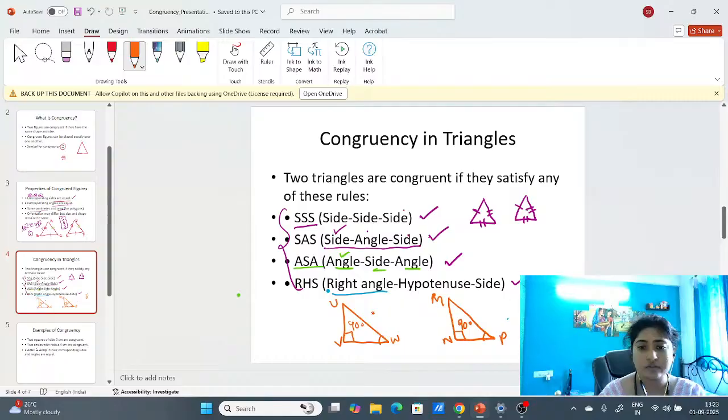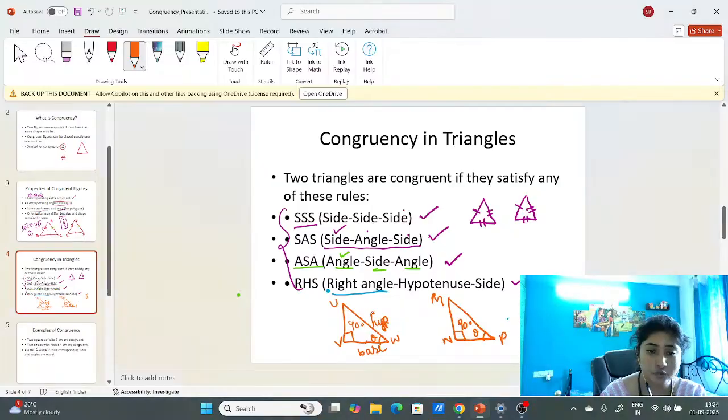Because here we have already drawn 90 degrees, so it should be an acute angle. So suppose theta is an acute angle here, here also. This is the corresponding side of theta. This is also another corresponding side of theta. So which one is smaller? This one. So this one will be the base and this one will be my hypotenuse.